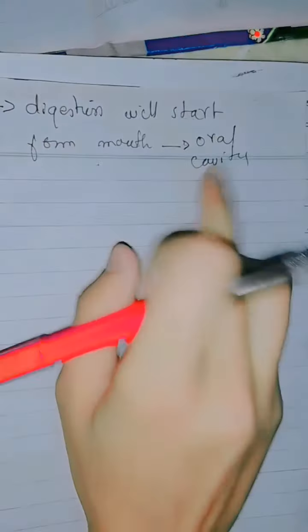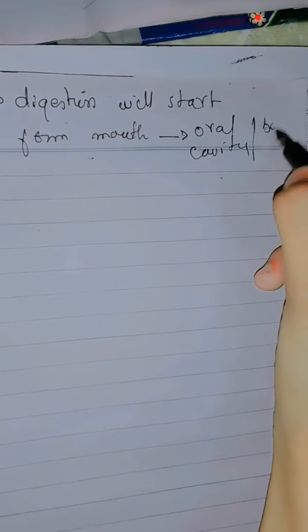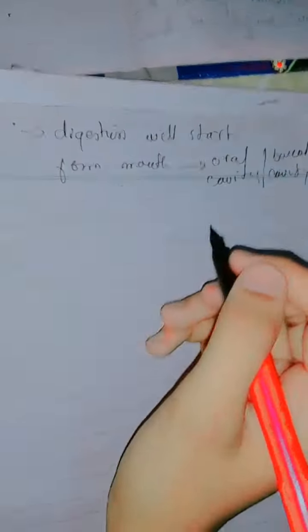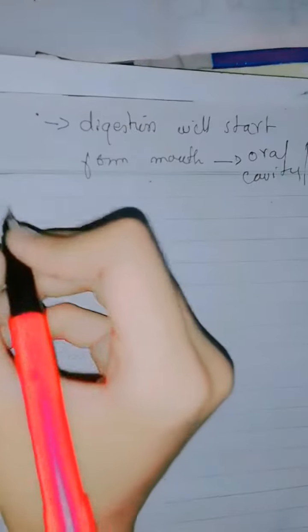Basically, mouth and oral cavity have a difference. I'll be telling you what the difference between mouth and oral cavity is. Oral cavity is also known as the buccal cavity. So the food that enters the mouth will move into the oral cavity or buccal cavity. Then from the oral cavity it moves into the pharynx.